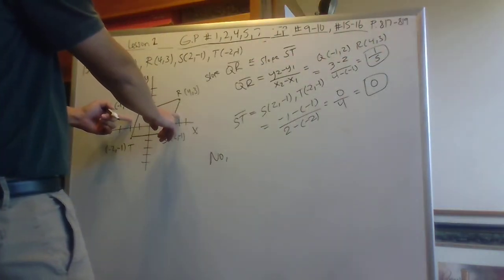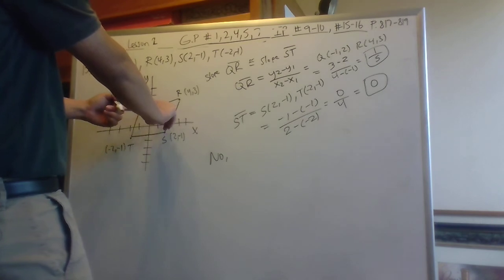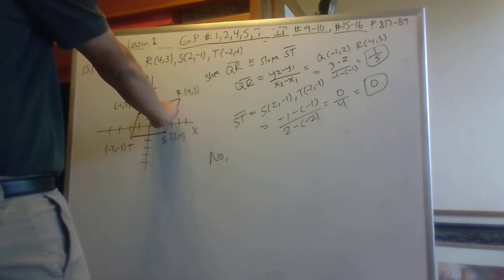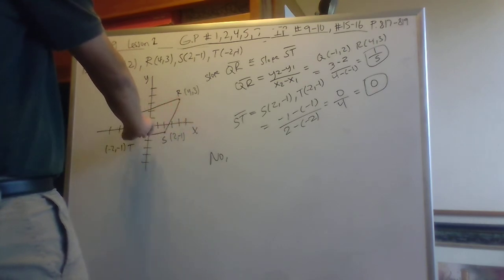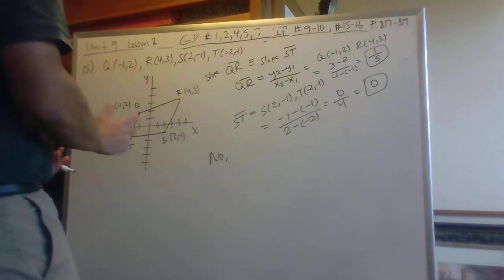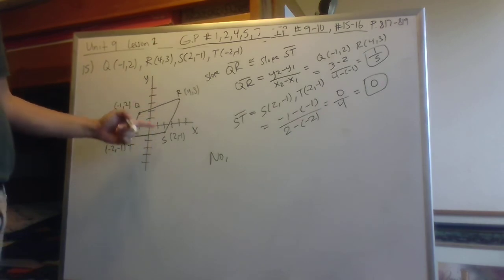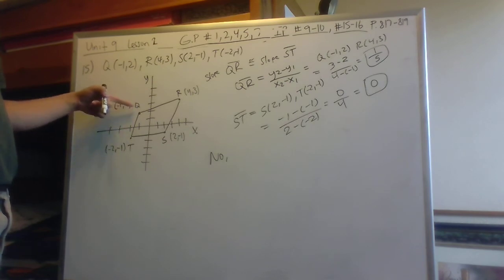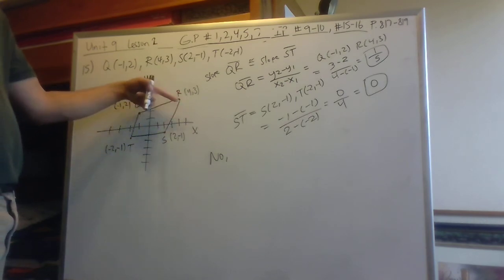So we don't have to find the slope of the other sides. If it's determined that the two opposite sides are not parallel or do not have the same slope, you can immediately stop and not have to do the other two sides. But if they are the same, like in problem 7, then we would have to find the other sides' slopes. So for QT and SR.